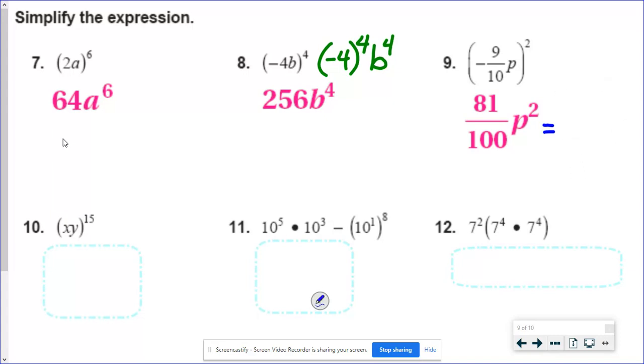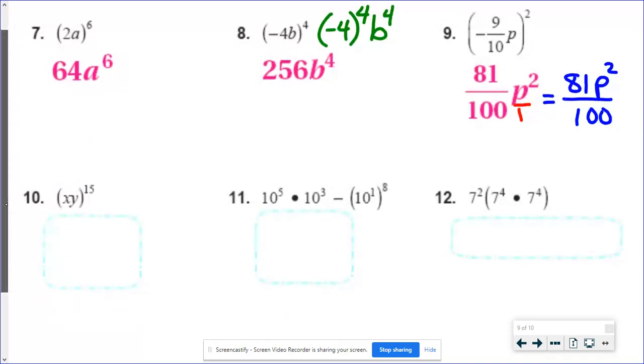This would be 81. I can have the p squared in the numerator, but I cannot have it in the denominator. So you can just write it next to the fraction, or you can move it up to the numerator, because this is really something over 1. So we can just move all the numerators together.